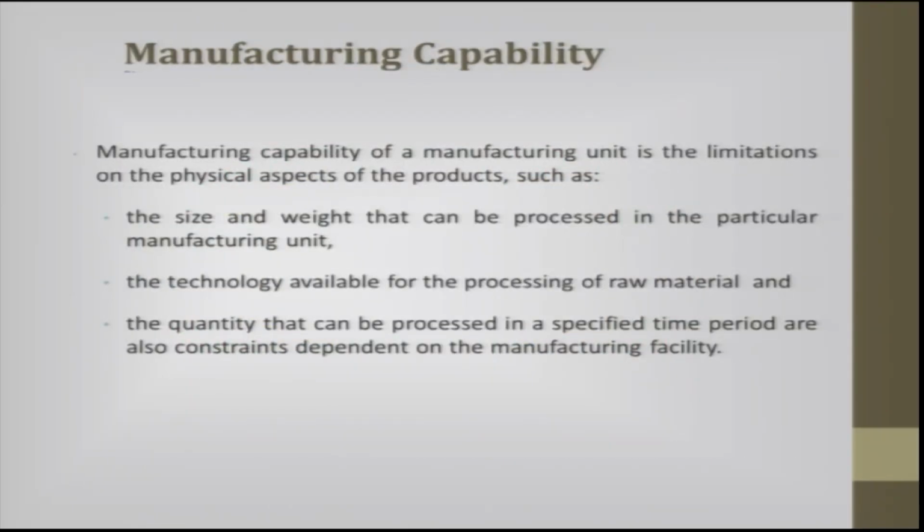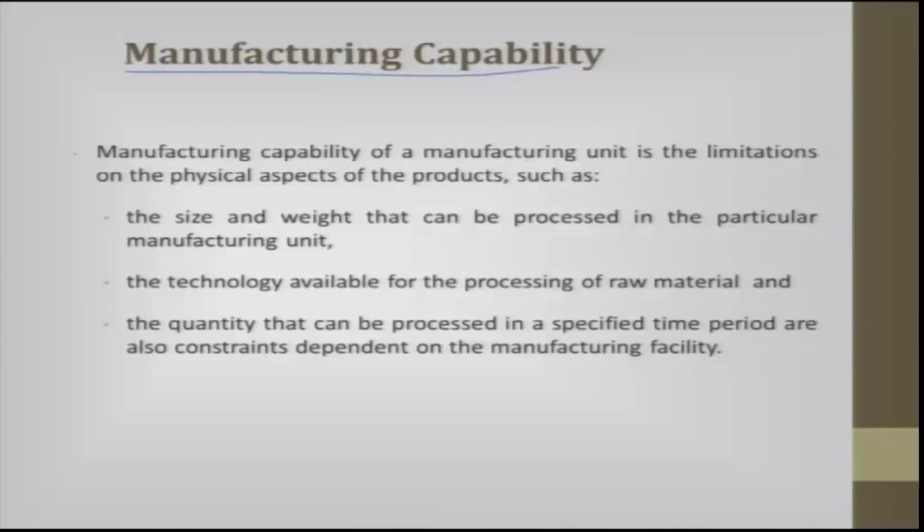Next, let us look into the next topic, manufacturing capability. Manufacturing capability is what size I can handle, what shape I can handle, what raw material I can handle. So, what I can produce is the manufacturing capability.